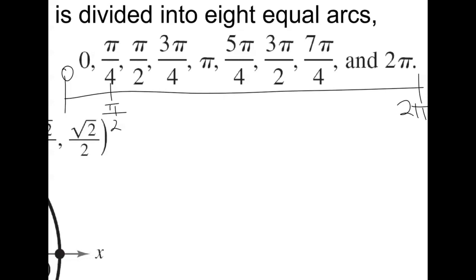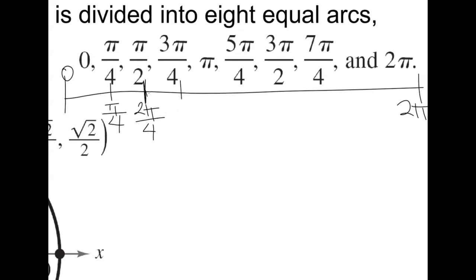So if I was told to do that same line and to divide it into equal parts, and oh my gosh, I put here a 2, that should have been a 4, pi over 4, and to divide it like that, the next one will be 2 pi over 4.